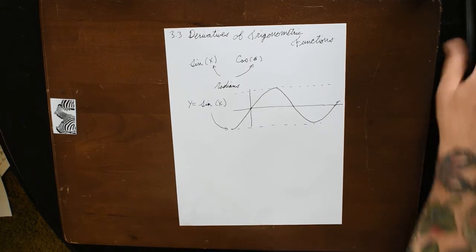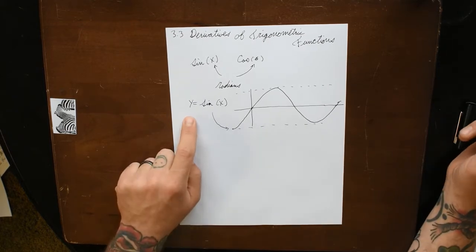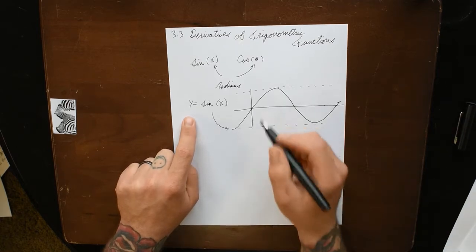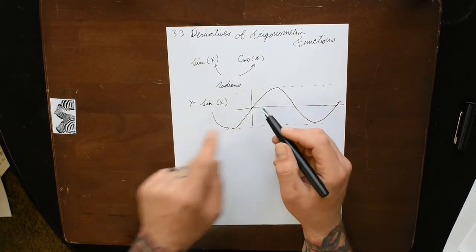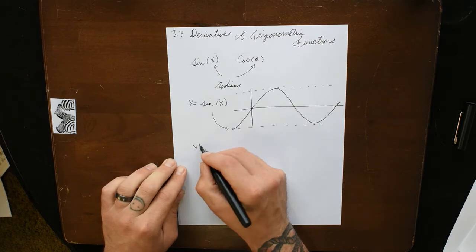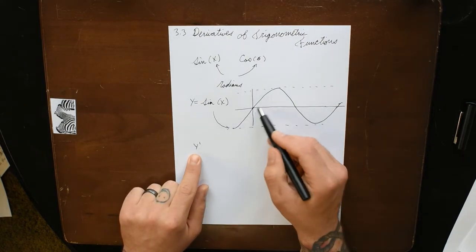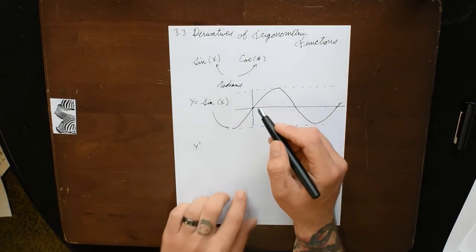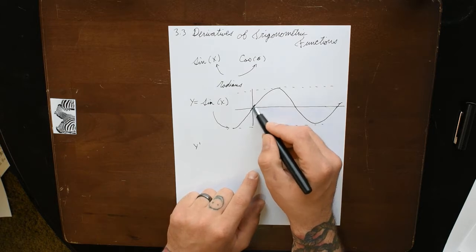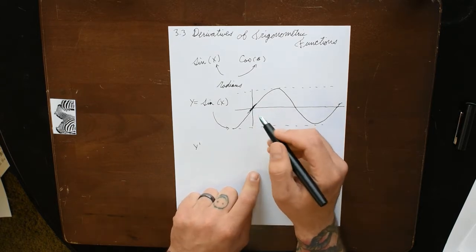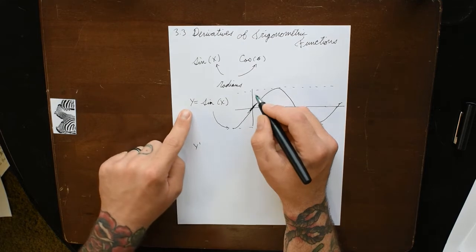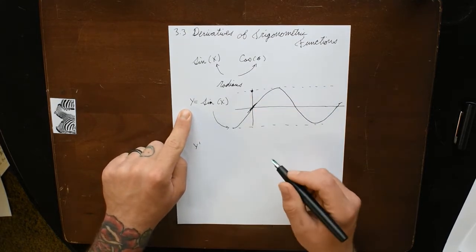And now the derivative, y prime, is going to be the slope. The output of y prime is the slope of this tangent line. So right here, the tangent line has a slope of about 1, so the derivative would have a height of about 1.